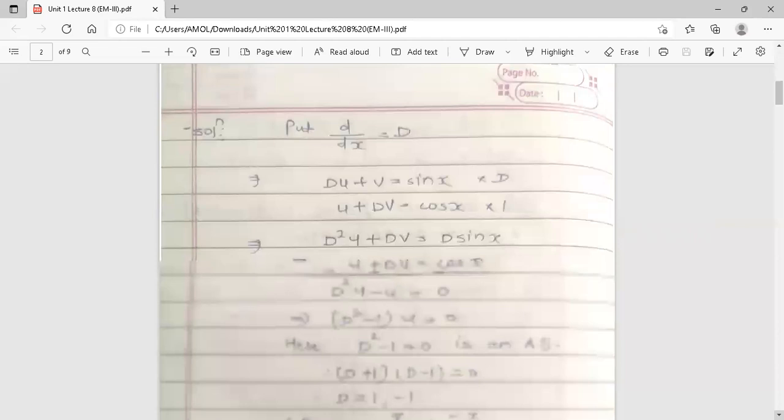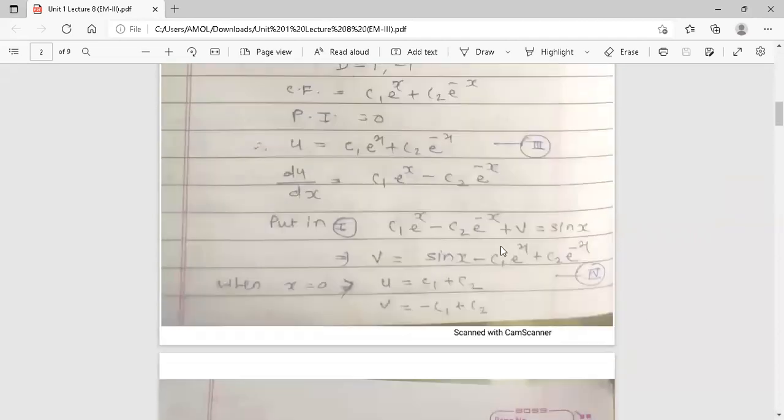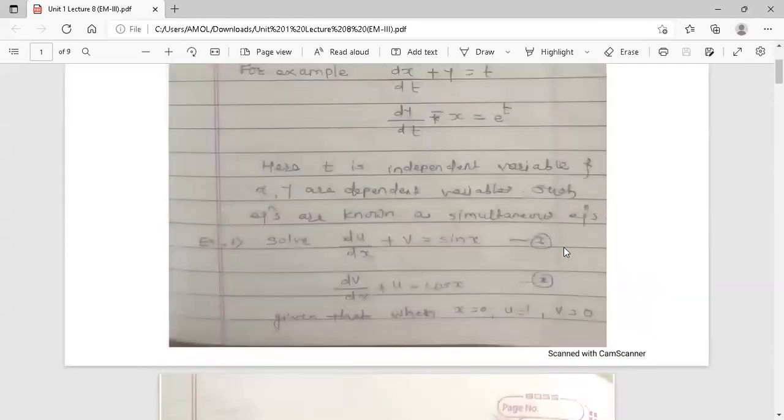So put x is equal to 0 in equation number 3. When x is 0, e raised to 0 is 1, e raised to 0 is 1, so c1 plus c2.